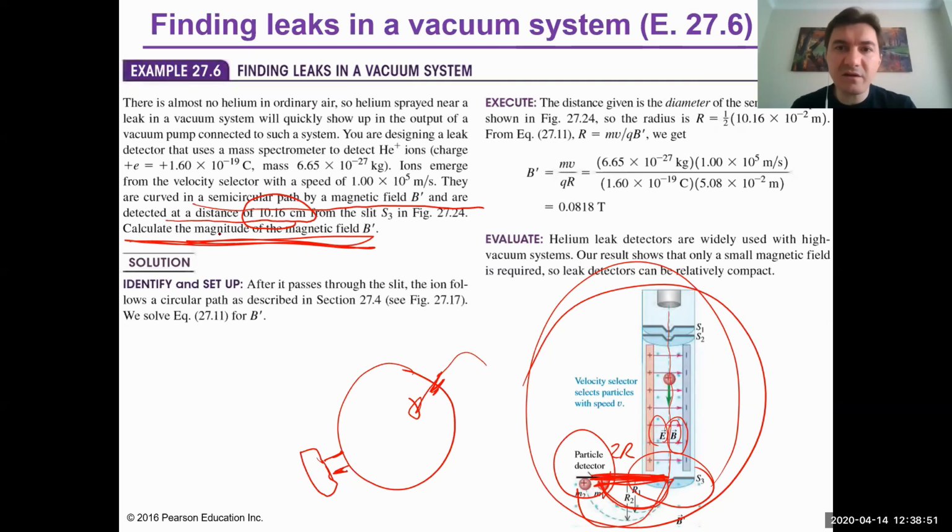So what is the magnetic field? We have that formula for the radius, already done: r equals m times v over q times B. B is asked, m is known, v is known, q is known. The radius is half of this diameter distance; take half of it, put it there, and you can calculate the required magnetic field.